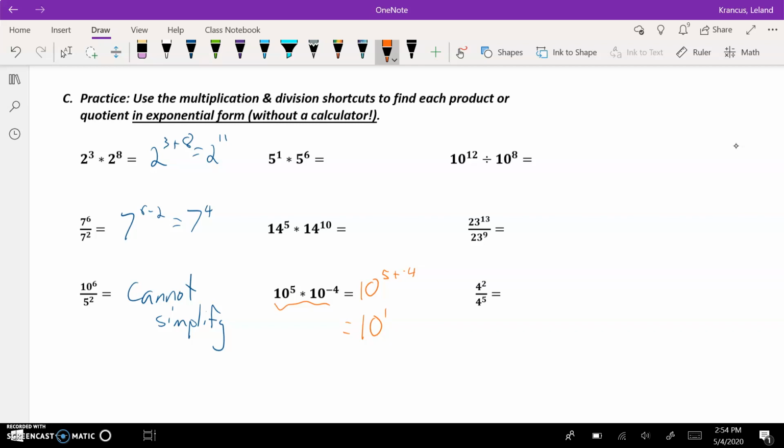Likewise, if you're dividing, notice with this one, this would be 4 to the power of 2 minus 5. 2 minus 5 is negative 3. So that is 4 to the power of negative 3.